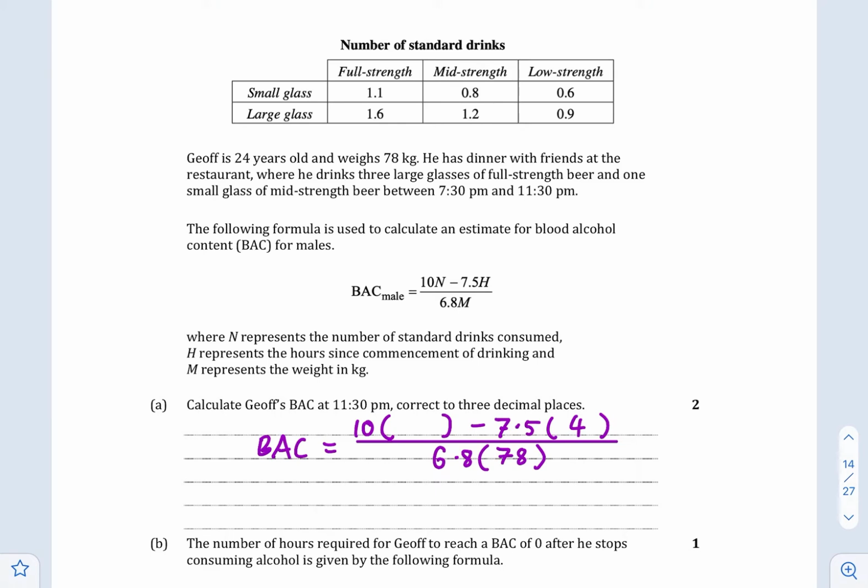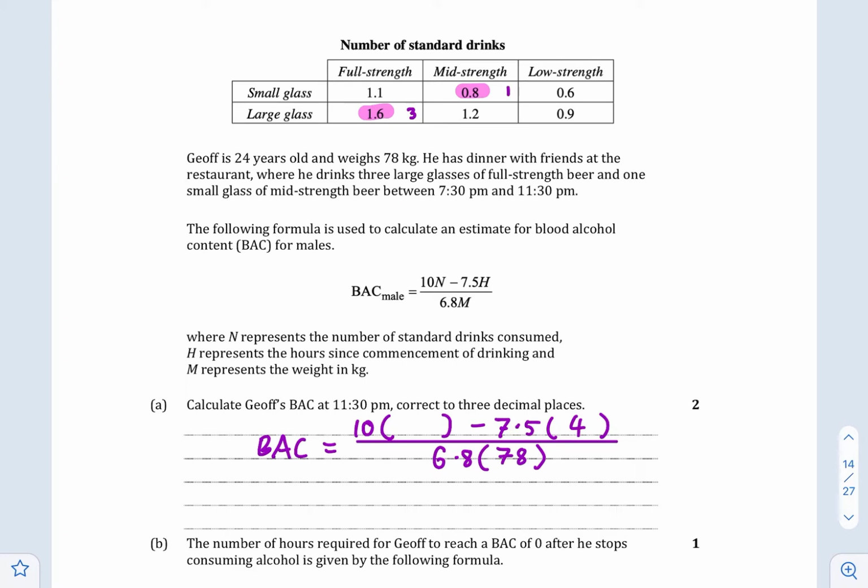The number of drinks, though, he drinks 3, and I have to get my highlighter out for this. Drinks 3 large glasses of full-strength beer, so he's had 3 of those, and 1 small glass of mid-strength beer. Okay, so he's had 3 of those and 1 of those.